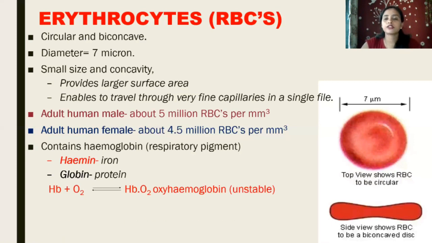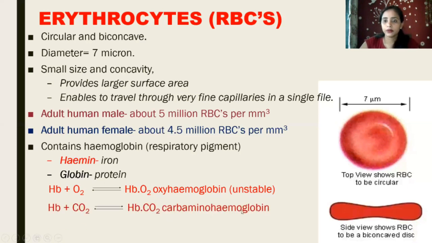Now, oxygen is transported, we have studied earlier as well. Oxygen is transported in the form of oxyhaemoglobin, which is an unstable compound. So hemoglobin has affinity towards oxygen. It combines with oxygen in lungs and transports to the needy tissue in the form of oxyhaemoglobin, where it is going to get broken down. Oxygen is removed, oxygen enters the tissue, and the hemoglobin takes carbon dioxide and transports this carbon dioxide from tissue to lungs in the form of carbaminohaemoglobin.